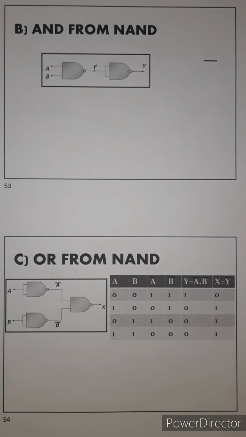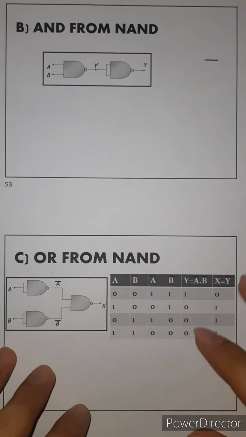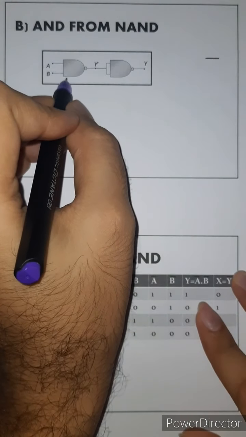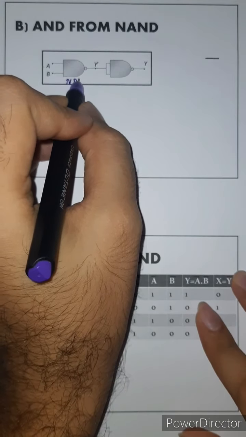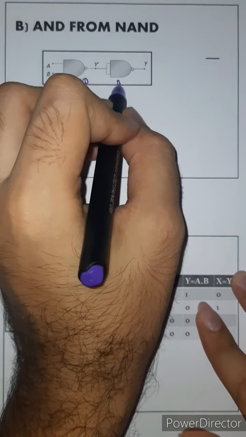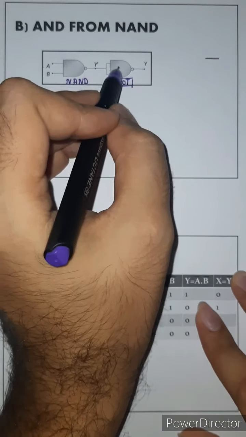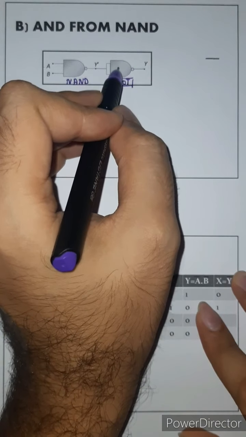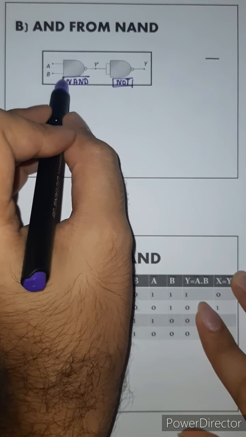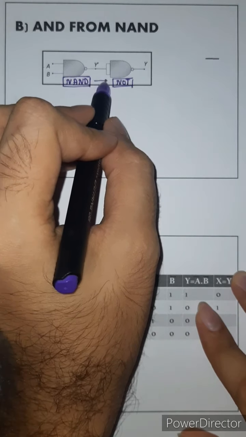Let us now construct AND gate with the help of NAND gate. In order to form AND gate, we will combine a NAND gate with NOT gate, and this NOT gate has again been formed with the help of NAND gate. So I am combining a NAND gate with NOT gate.